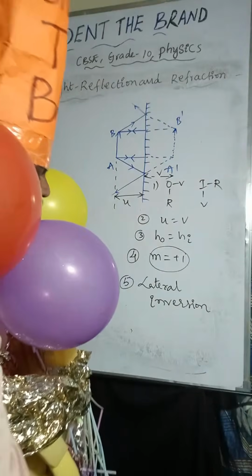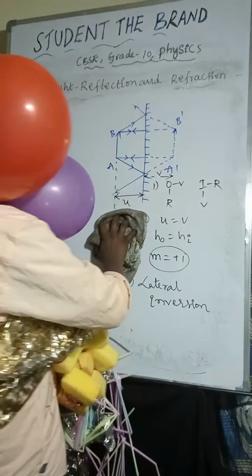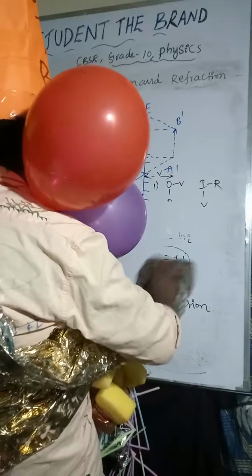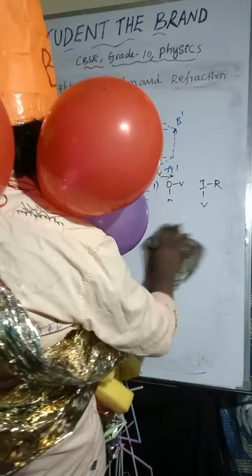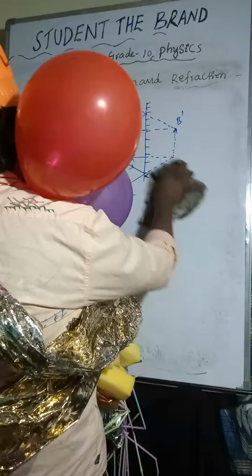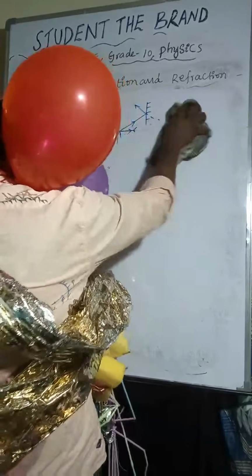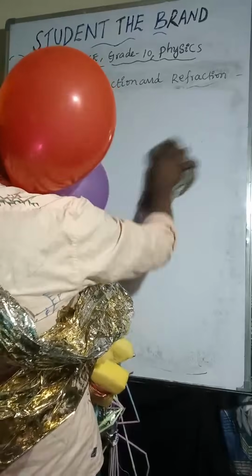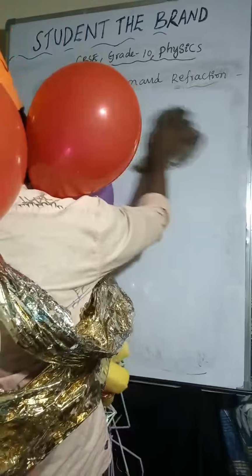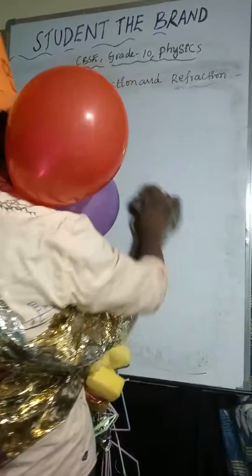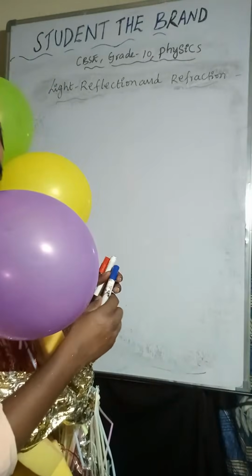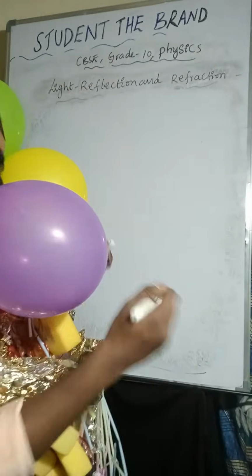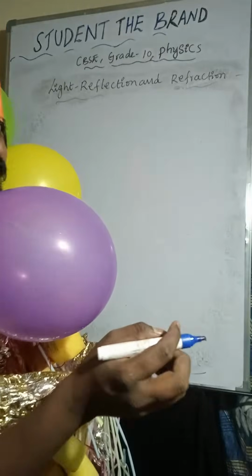There are two types of spherical mirrors. One is concave mirror. So now you can observe, here I am explaining about spherical mirror types.